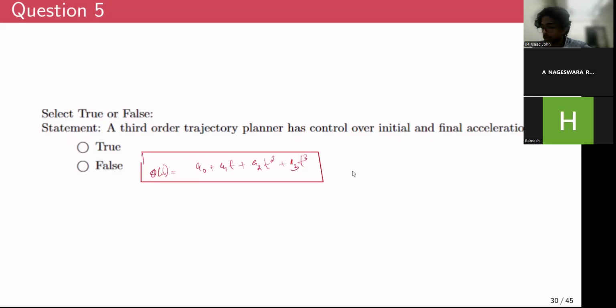It won't be possible, right? Because we only have 4 coefficients. So to have a fully determinate system of equations, we can only have 4 boundary conditions.